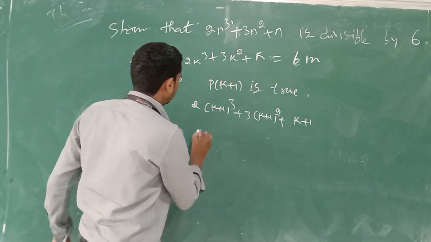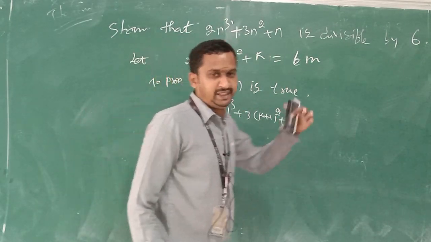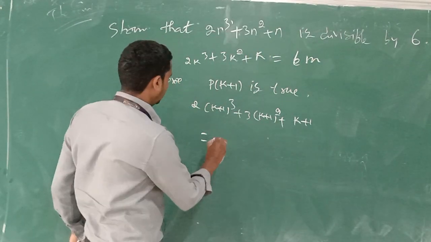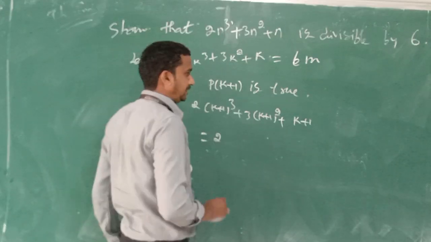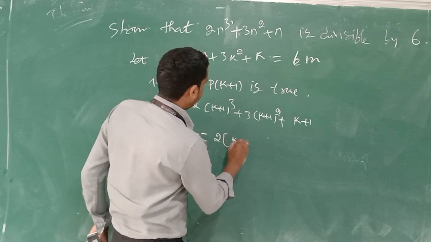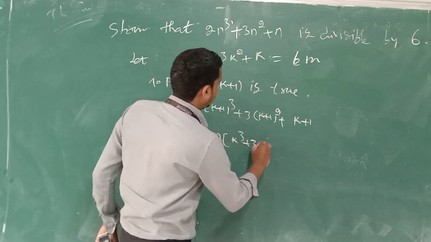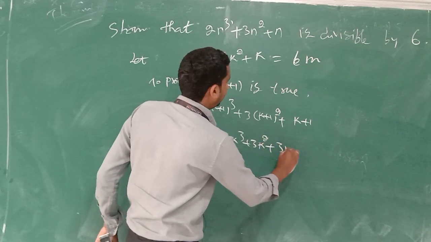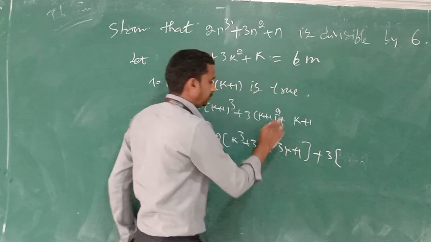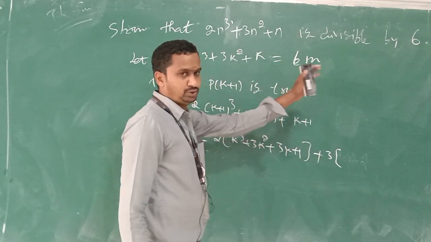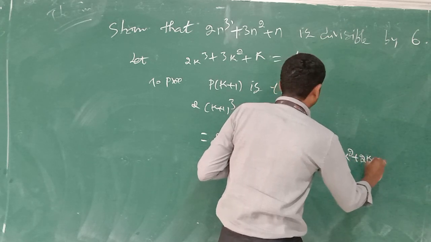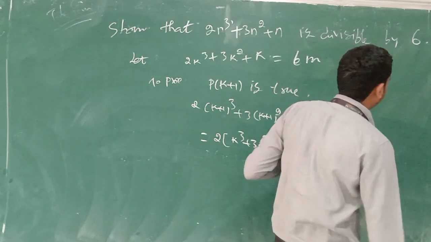Applying the (a plus b) whole cube and (a plus b) whole square expansions: first, (a plus b) cube is a cube plus 3a square b plus 3ab square plus b cube. So 2 into (k cube plus 3k square plus 3k plus 1). Second term, (a plus b) square is a square plus 2ab plus b square, so 3 into (k square plus 2k plus 1).